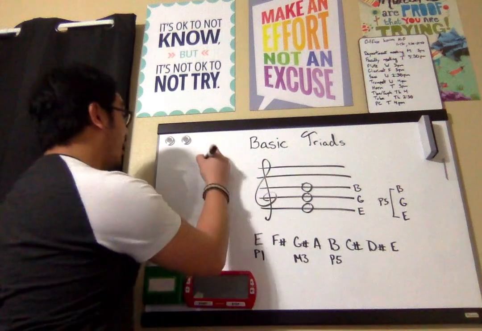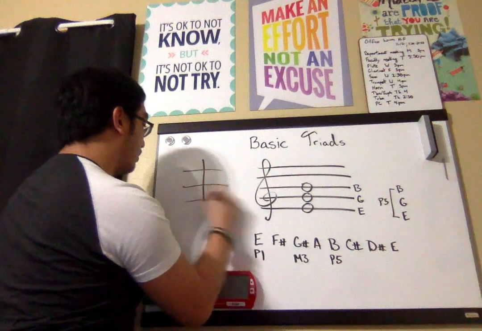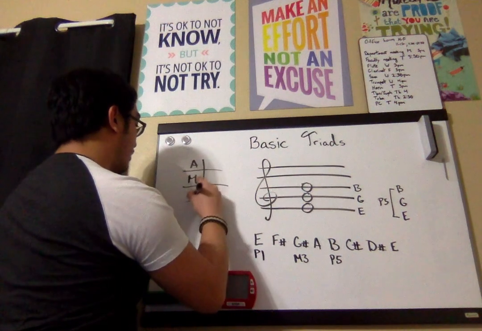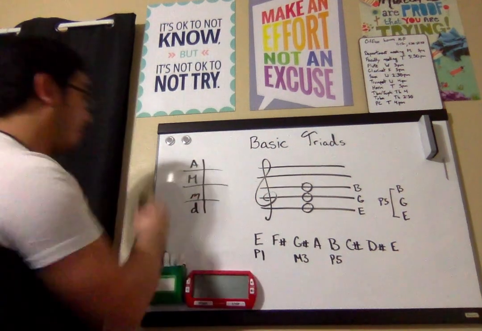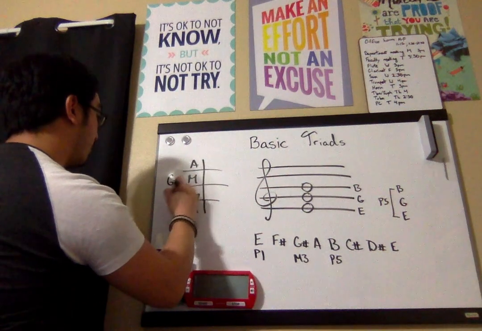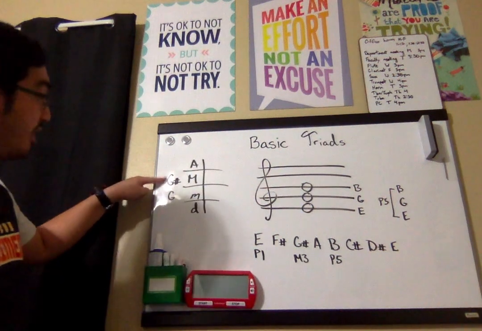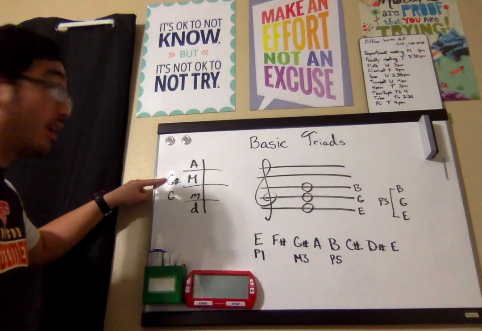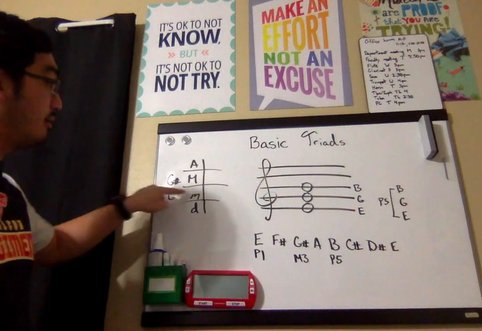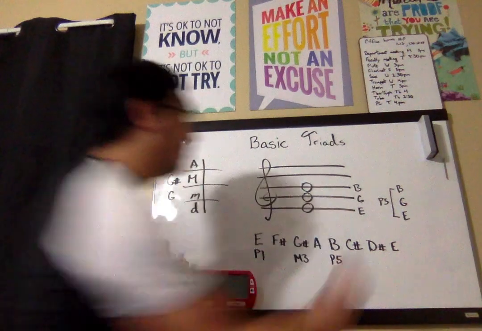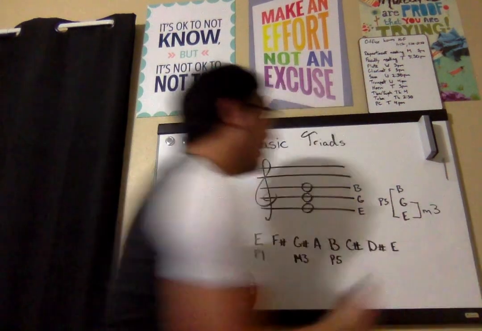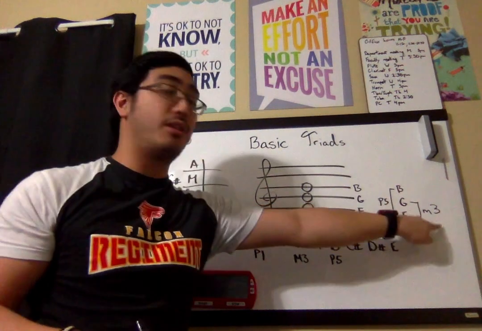So going back to our 8-pack, this is what's in the scale, or diatonic. This is what we actually have in the problem, which makes it minor. E to G is a minor third.